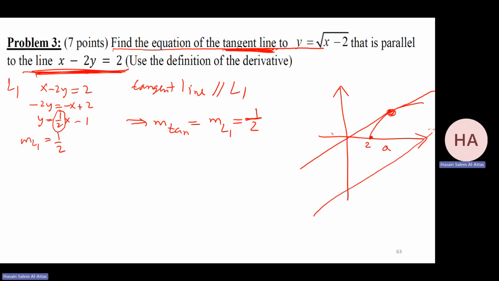Now, this point is the most important point. They call it the point of tangency. Why is it so important? Because it's a point on the curve and on the tangent line. So if you find the point of tangency, you are done.